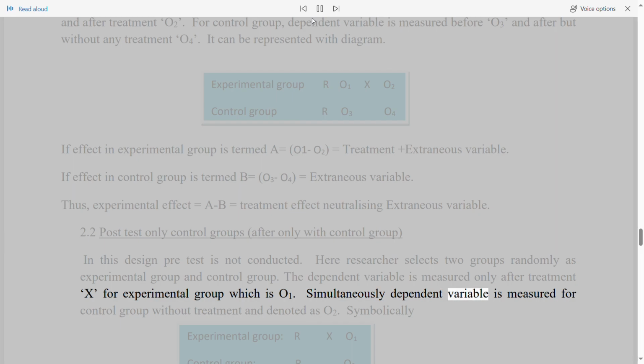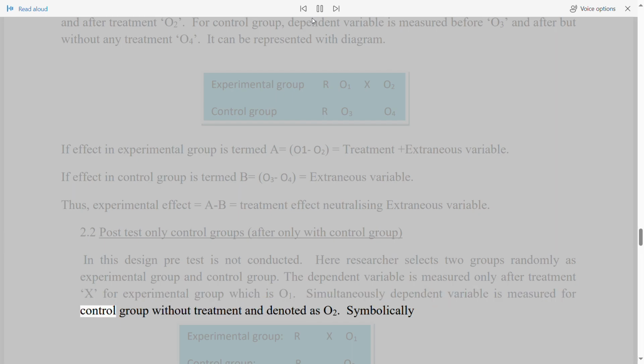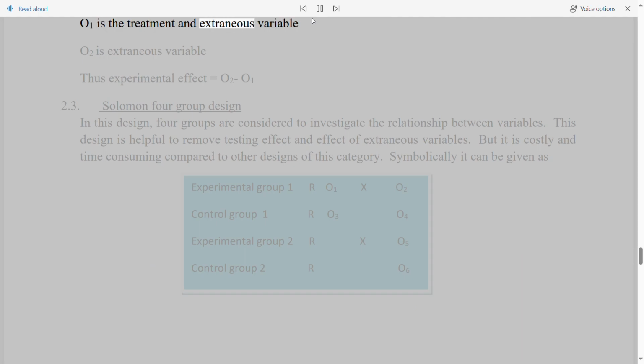Simultaneously, the dependent variable is measured for the control group without treatment and denoted as O2. Symbolically, O1 is the treatment and extraneous variable. O2 is extraneous variable. Thus, the experimental effect is equal to O1 minus O2.